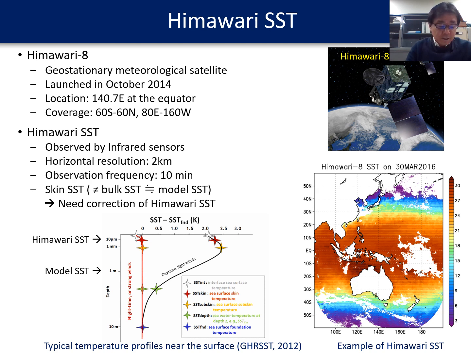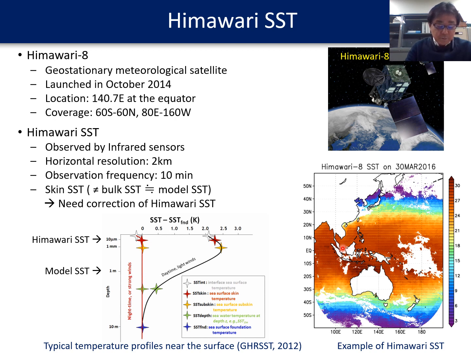It is located at 140 degrees east at the equator, and it covers this region, this area. And the infrared sensors of Himawari observe skin SST every 10 minutes with a resolution of 2 km.